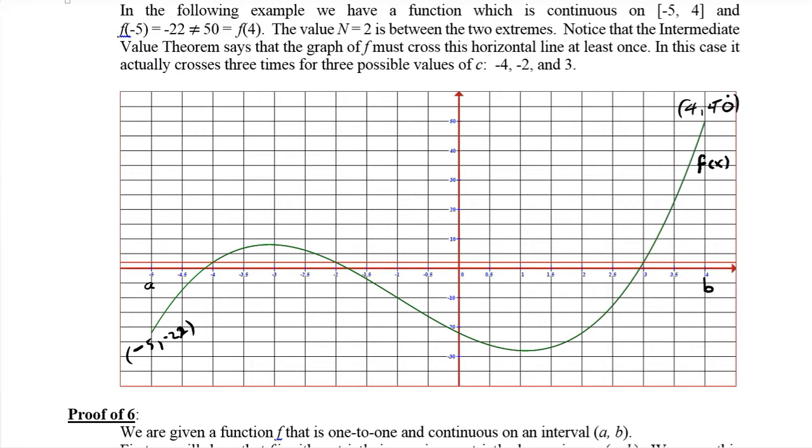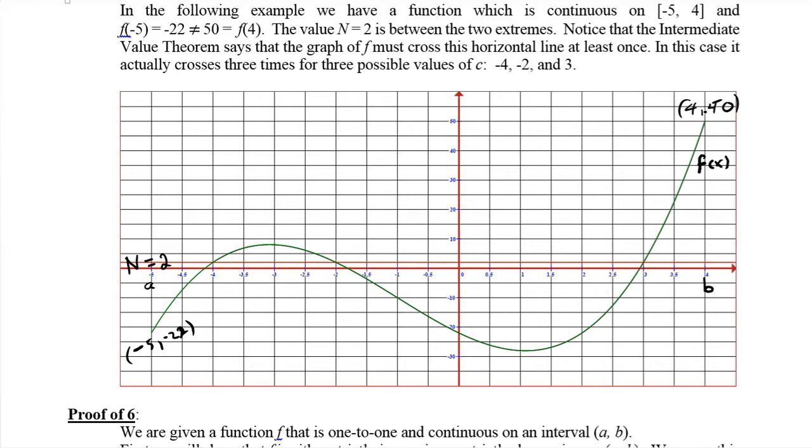That's our red line. Okay, so here's our n equals 2. What this theorem says is that the graph has to cross that red line somewhere between a and b. If it starts on one side of the line and ends on the other side of the line, it has to cross between because it doesn't have any breaks in it.